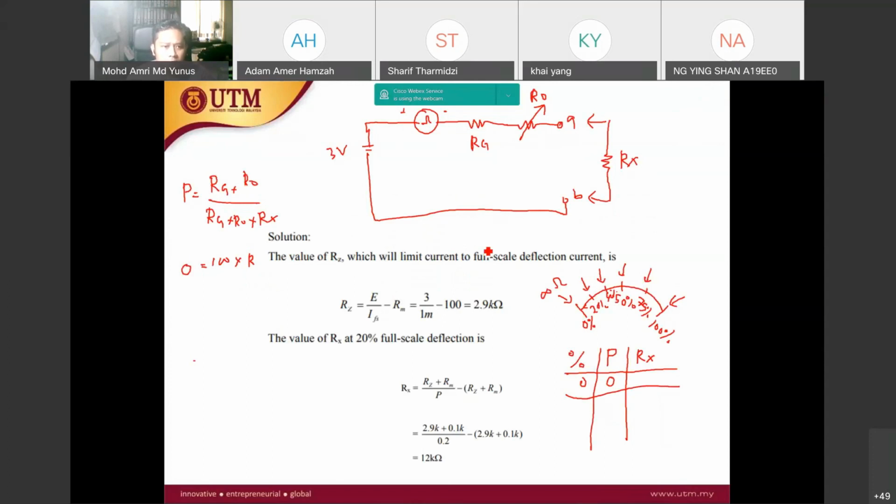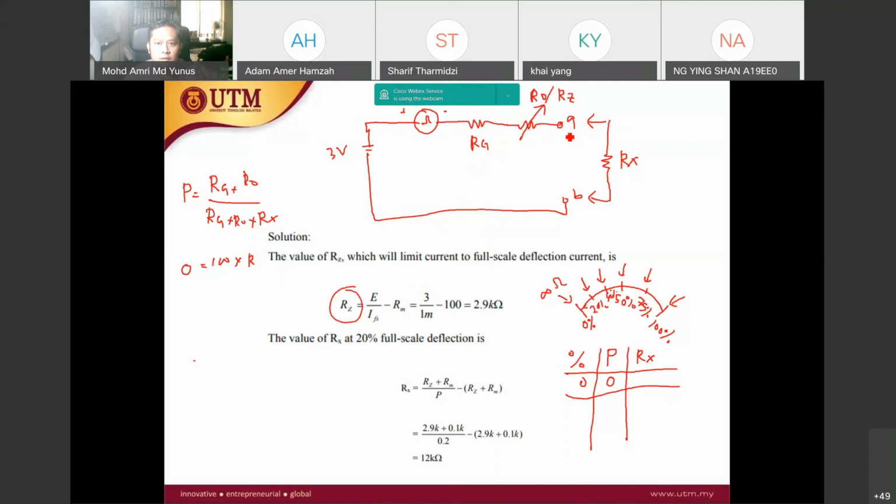In this case, Ro is Rz. So first you need to know the value of Rz.